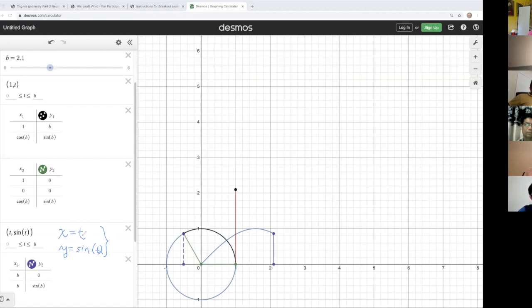If we notice that x equals t, then by the symmetric law, t is also equal to x. And if t is equal to x, let's substitute that into the second equation and say y equals the sine of x.